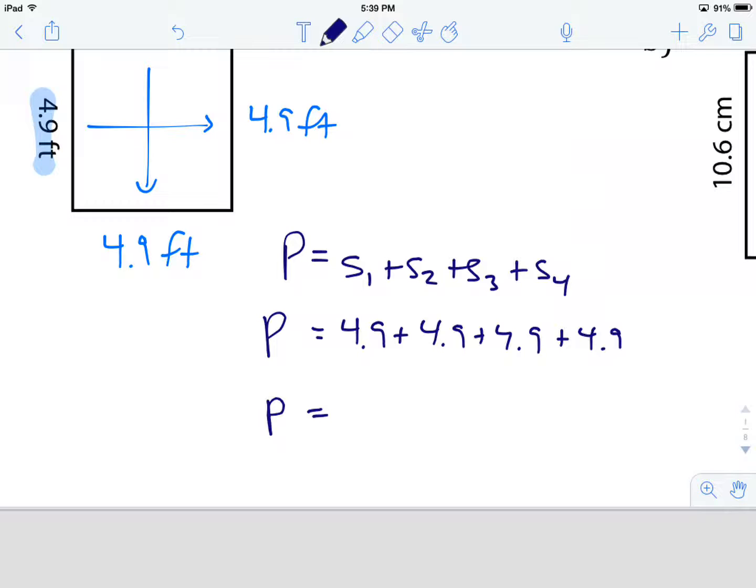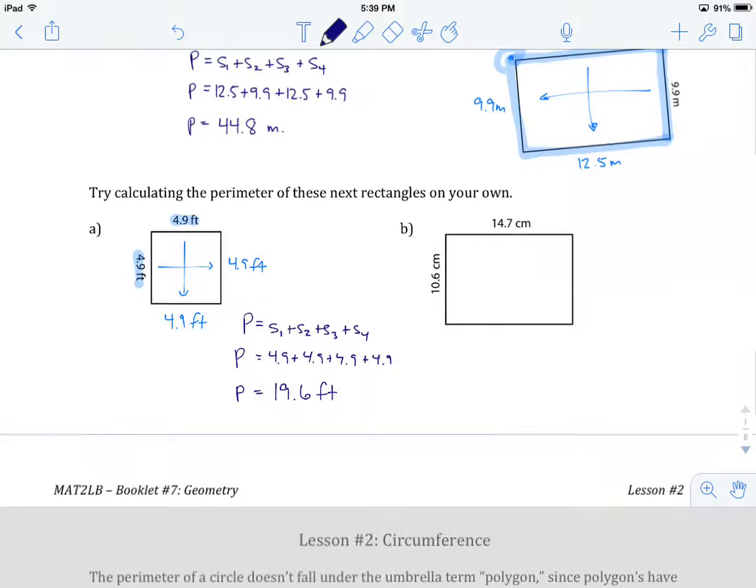We are going to get 4.9 plus 4.9 plus 4.9 plus 4.9 is going to equal 19.6. And our unit of measure, feet, FT. And that's how we figure out the perimeter of a square. All the side lengths happen to be the same. Doesn't change the procedure though.